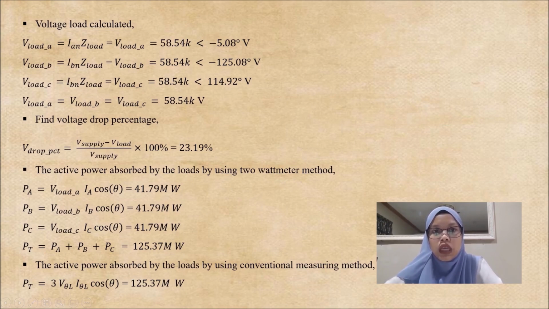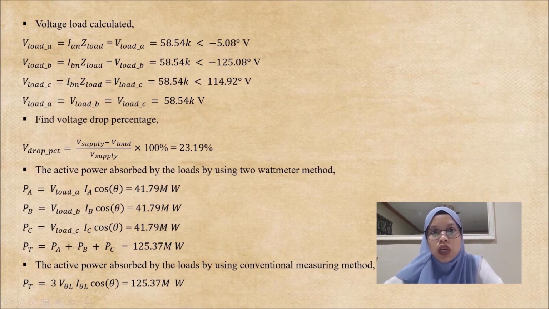So I get the voltage drop percentage value of 23.19%. Next, I calculate the active power absorbed by the loads using the two wattmeter method, using the formula as shown in the slide. Active power is equal to voltage load times current at load times cos phase angle. Then I can find the total active power at load by adding the three values of active power A, B, and C, which I get the value 125.37 megawatt.